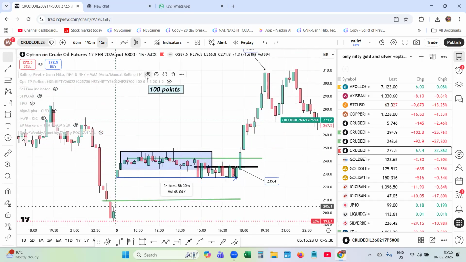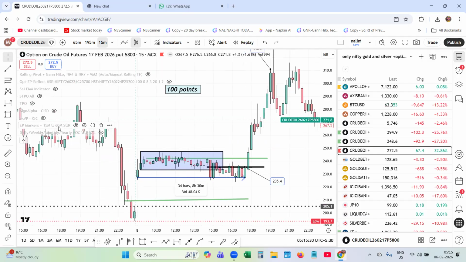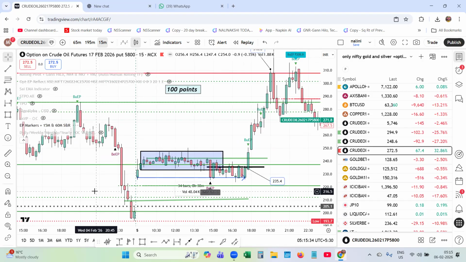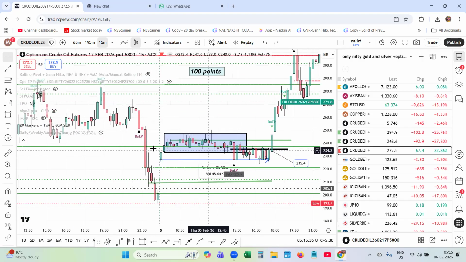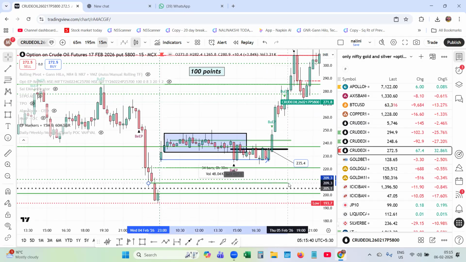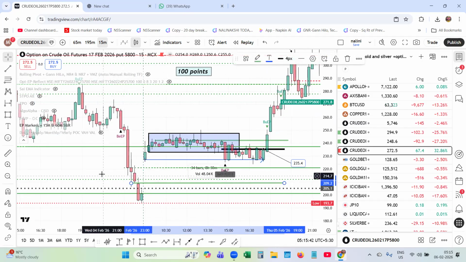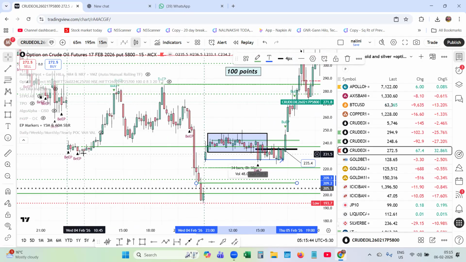The rolling pivot, and we need EP markers. This is intraday time frame EP, so it will alert you by bar. Intraday is 15 minute and 60 hourly. Hourly levels will be marked. These are the levels. From there, bullish EP had formed.